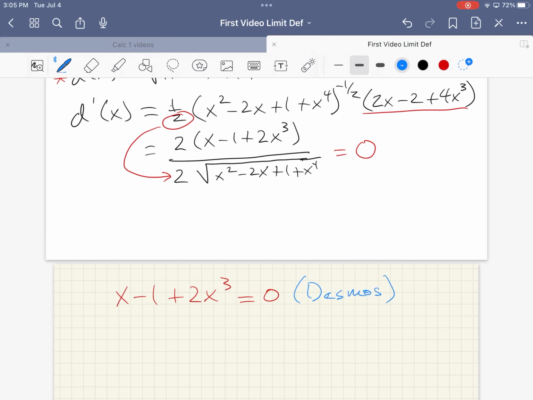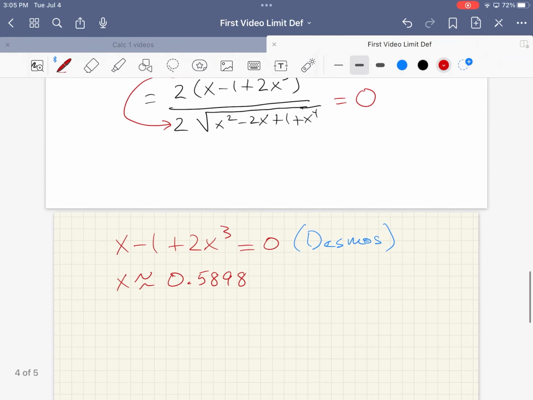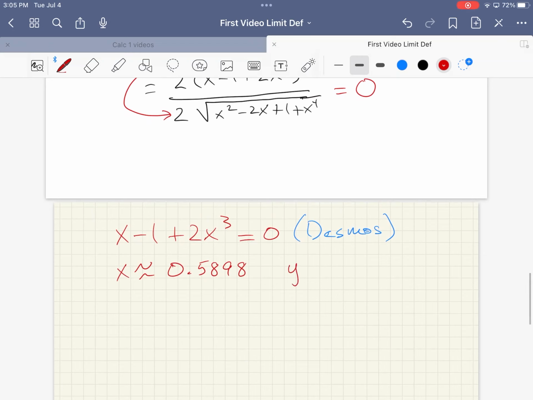And when I do that, I get that x is approximately 0.5898, okay? And then if I plug that in, y would be approximately 0.6521.